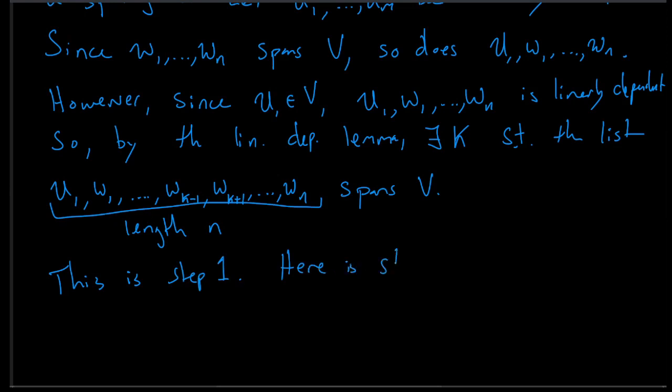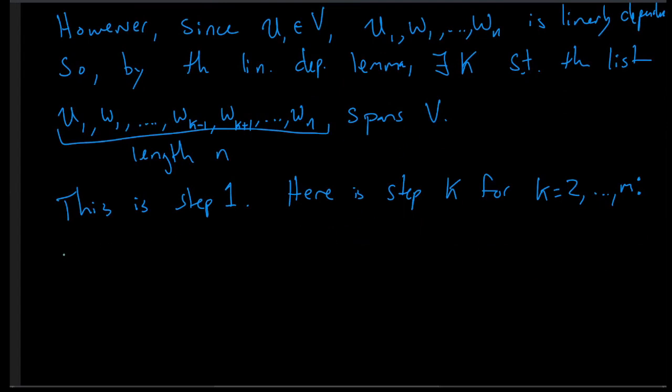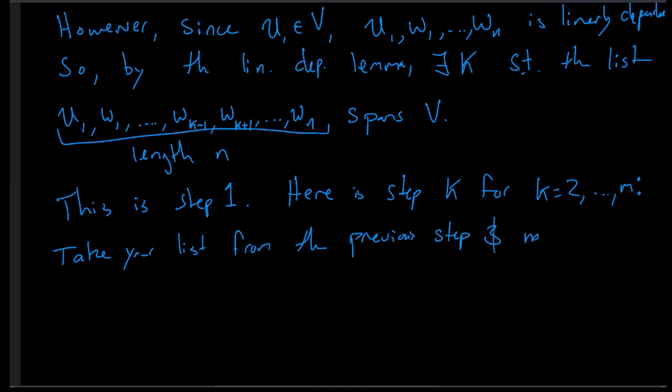Here is step k for k equal to 2 all the way up through m. Take your list from the previous step and notice that Uk is in its span.